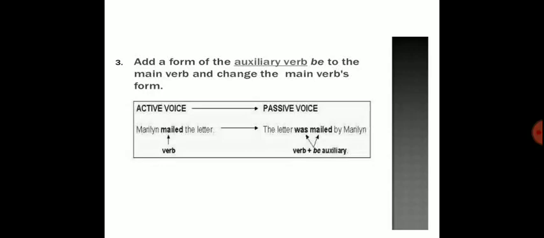The same chart you can refer to. Suppose the sentence is like "the sun rises from the east", in passive voice it will become "the east is where the sun rises from". In the past, "she walked my dog home", "my dog was walked home by her". So it depends on your tense, and for the tense, the same chart you can refer to.